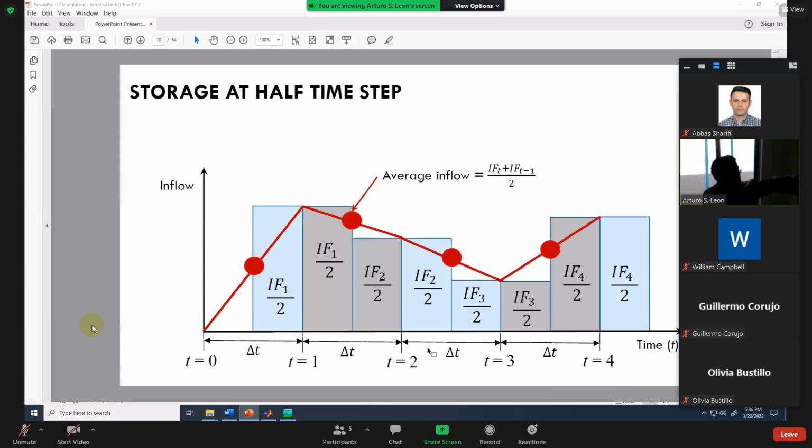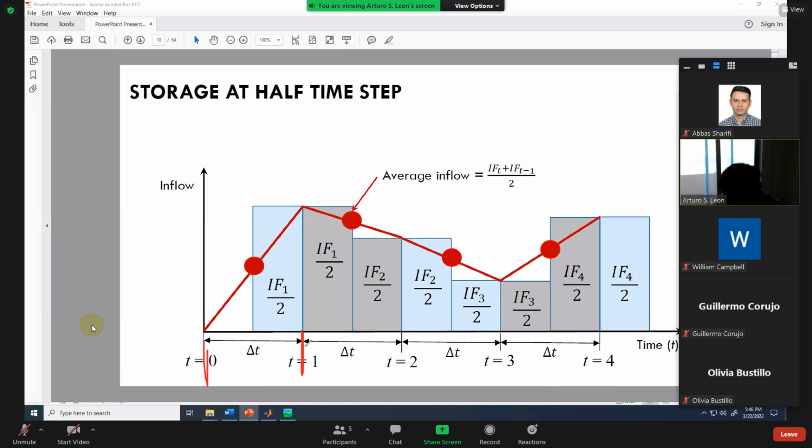The storage, we use at the half time step. What does that mean? For example, from time 0 to 1 hour, the storage is not constant.